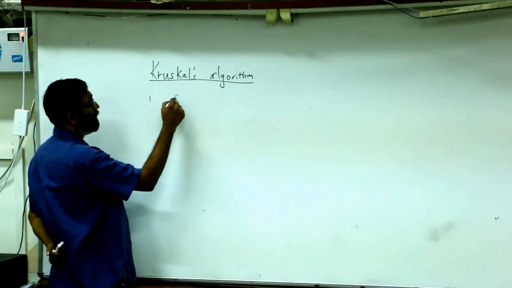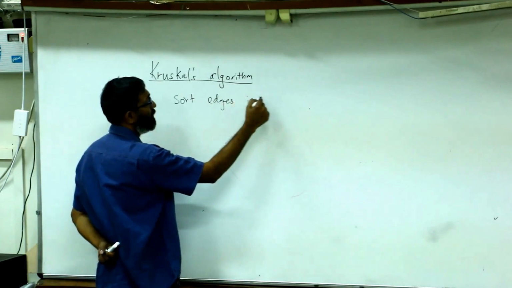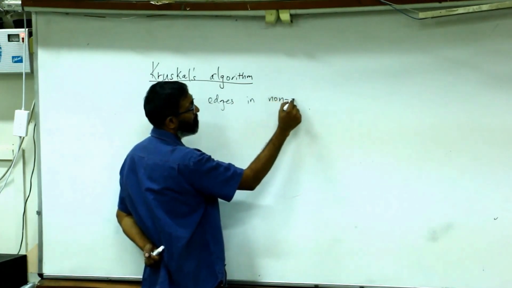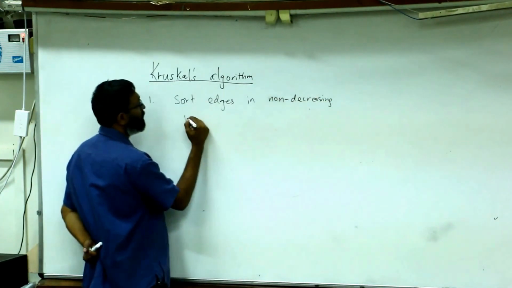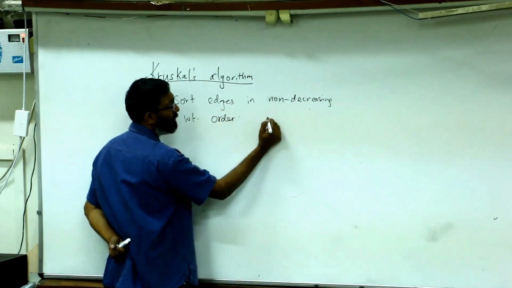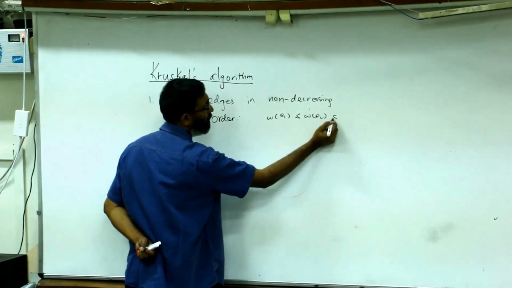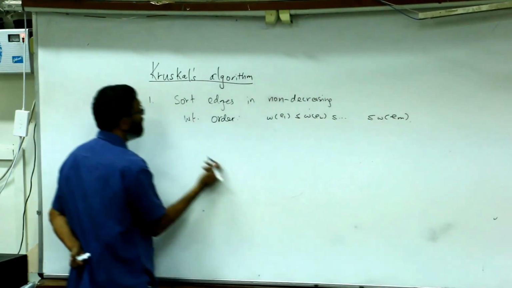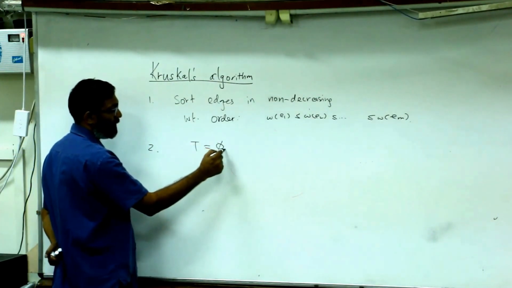We sort the edges in non-decreasing weight order, so weight of E1 less than or equal to weight of E2, and so on. Start with T to be the empty set.